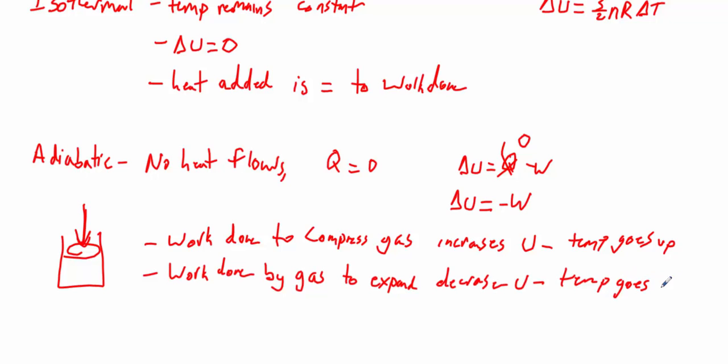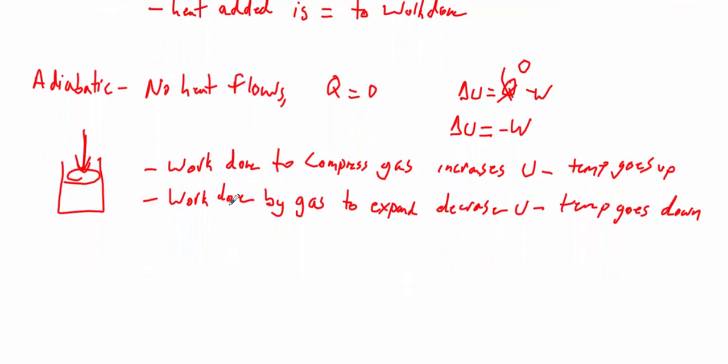And this means the exhaust is going to be cooler than the gas that was compressed and exploded. And that actually has to be true in order for an engine to do work. We always have to end at a lower temperature than we started. So the work done by a gas to expand decreases the internal energy and the temperature goes down in an adiabatic process.